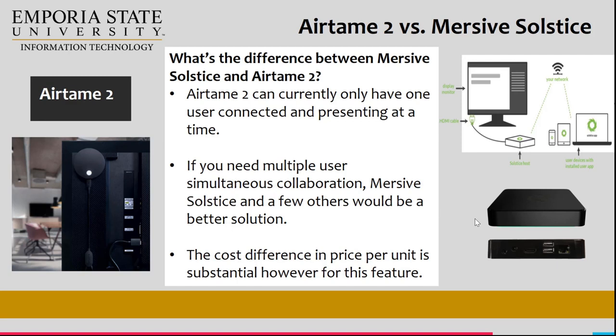If you need multiple users to be able to simultaneously collaborate, like we were talking about when we discussed features, Mersive Solstice and a few other wireless presentation systems out there have this capability and would be a better solution for you if you needed that specific feature set. However, I will say when you look at the cost comparisons, the difference in price per unit is very substantial for that feature. So if you don't need that specific feature, then I would recommend choosing a different product.